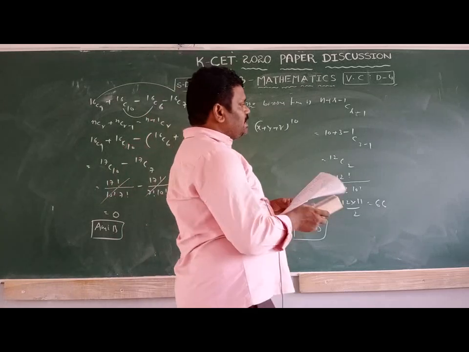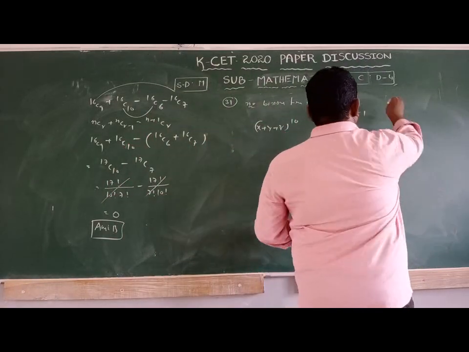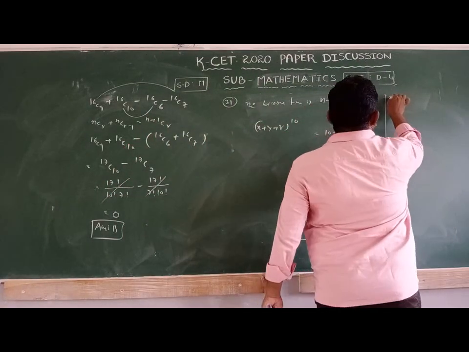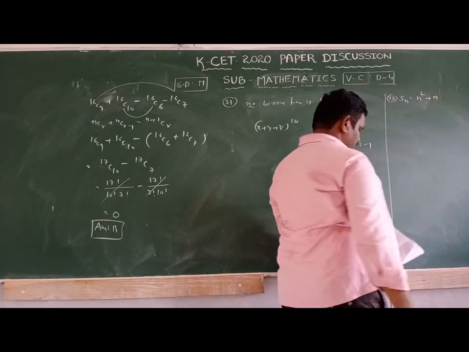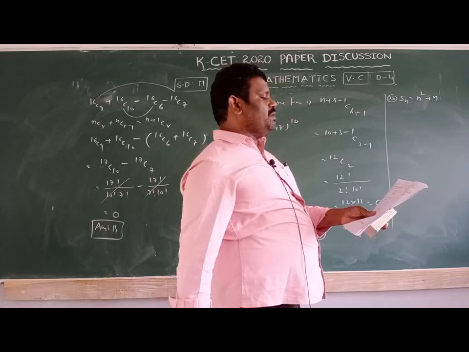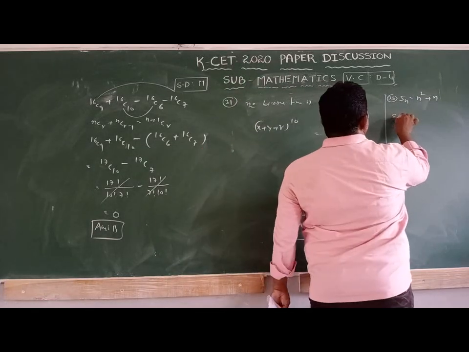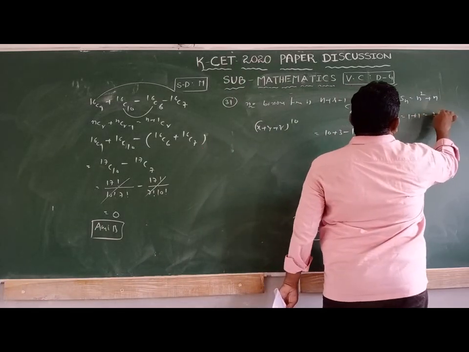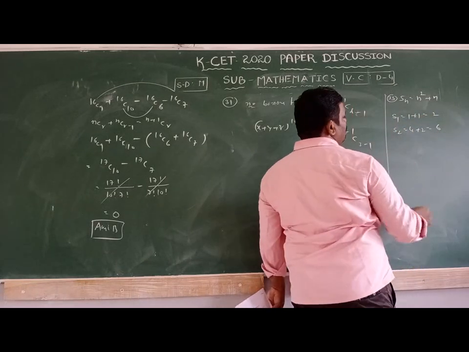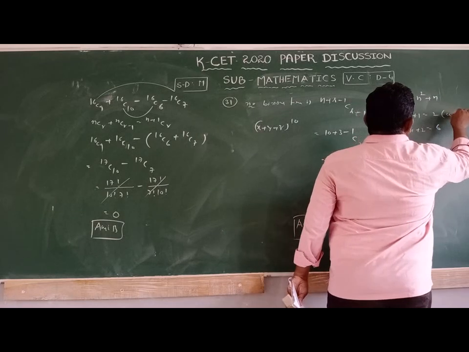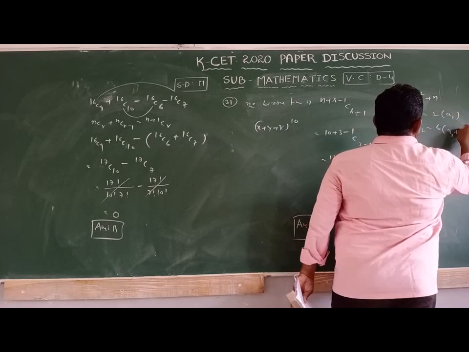So next, here one relation is given, for question 33: Sn is equal to n square plus n, the sum of n terms. Find the common difference of the AP. First, S1 is equal to 1 plus 1, 2. S2 is equal to 4 plus 2, 6. Now this is the first term, and this is the sum of the first two terms.